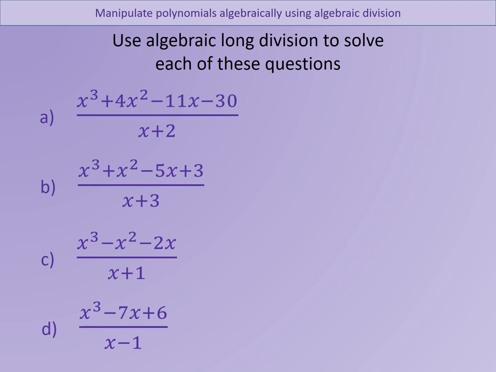So for example, on the bottom one, instead of writing x cubed minus 7x plus 6, when you're doing your box method or long division, I would be writing it as x cubed plus 0x squared minus 7x plus 6 to have all the terms there, even if one of the terms is 0x squared or 0x or just 0 on the end. It makes life a lot easier when you're setting your work out. So that would be my tip for this exercise.